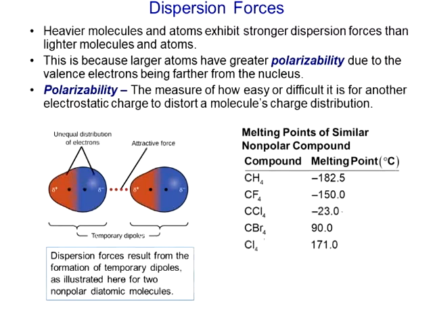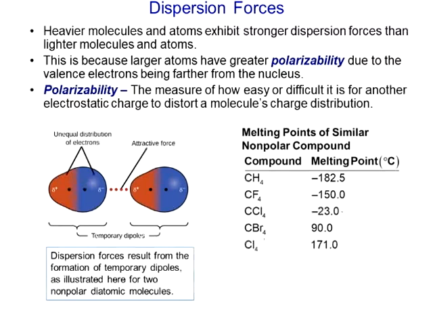Note that in going from hydrogen through iodine, the melting point increases. That's because iodine is a larger atom, and therefore it's more polarizable because the valence electrons are further from the nucleus, further from the influence of the positive protons in the nucleus.